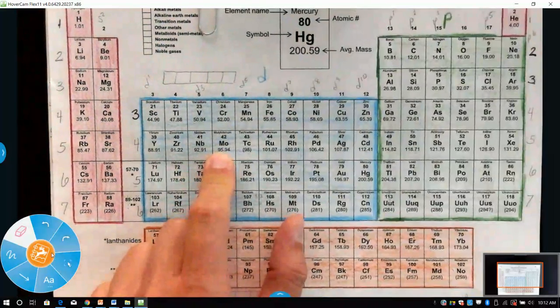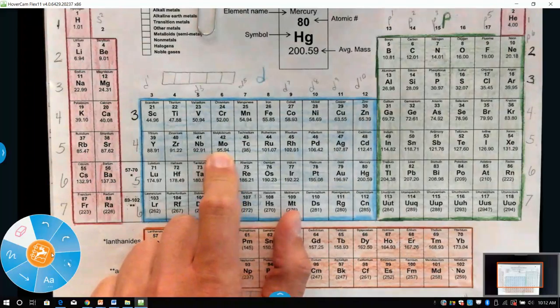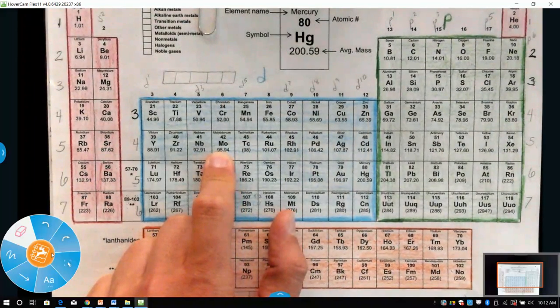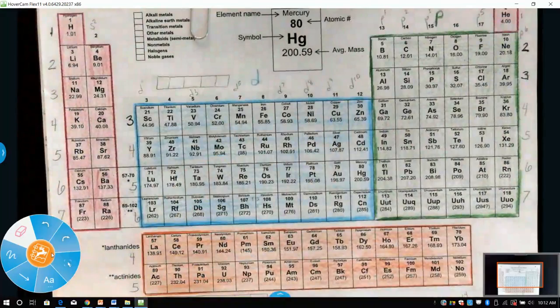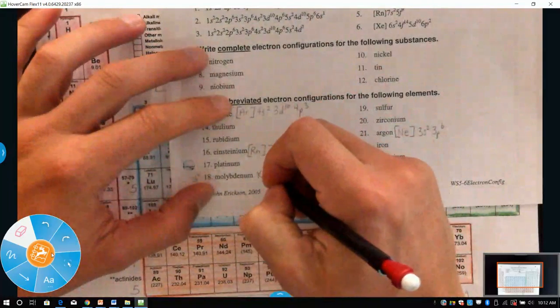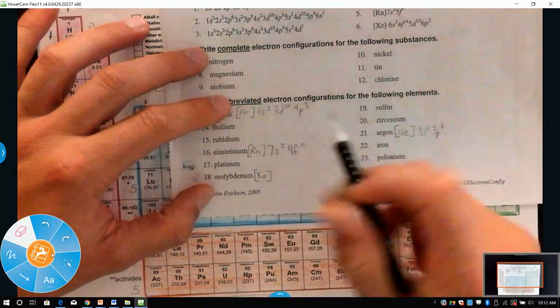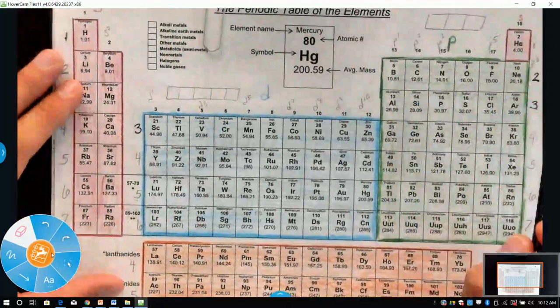What is the noble gas that comes before this one? Is it argon, krypton, xenon, radon, neon? Which one comes before? Kr. So Kr would be the first thing that we're going to start with there. And that takes care of everything up to 4p.